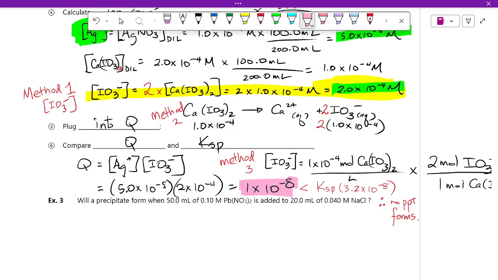Precipitation equation goes to one. So if you were writing the formation of this precipitation, yeah. Otherwise, chemistry is kind of like math.